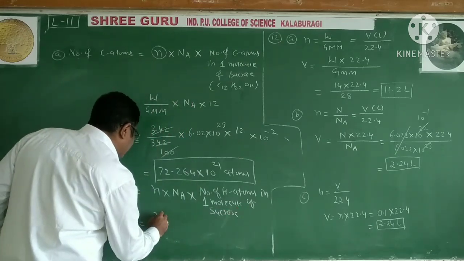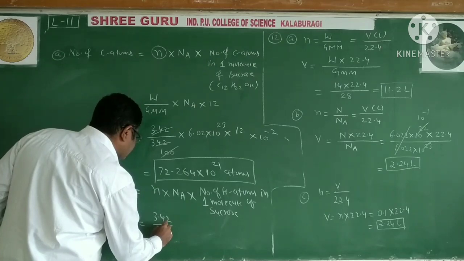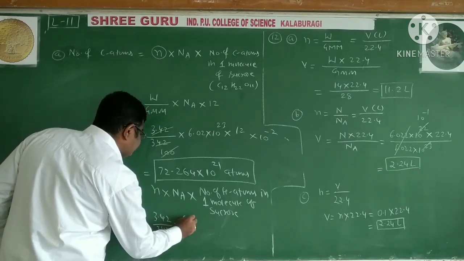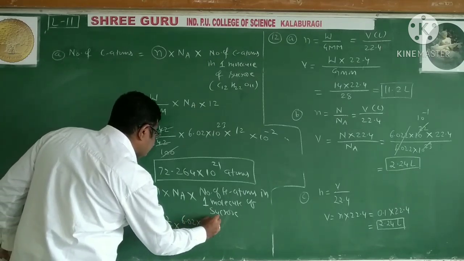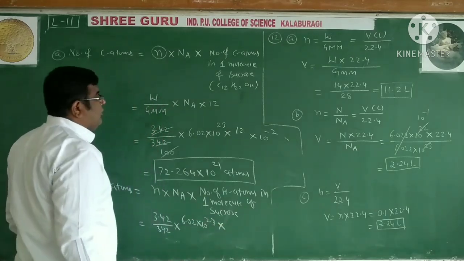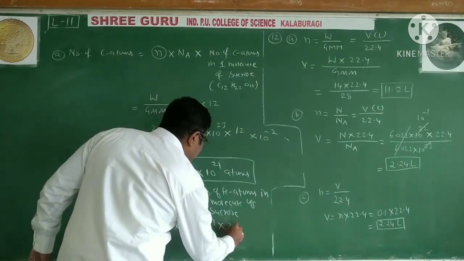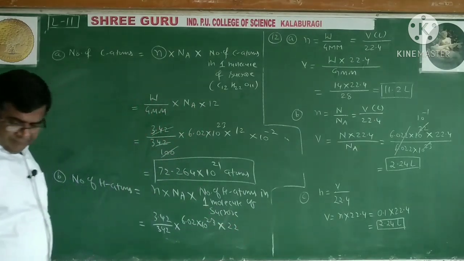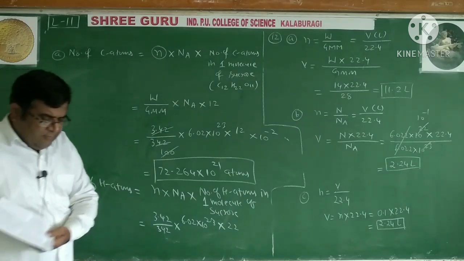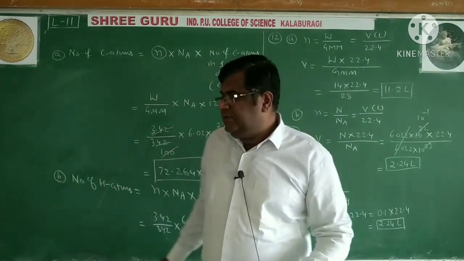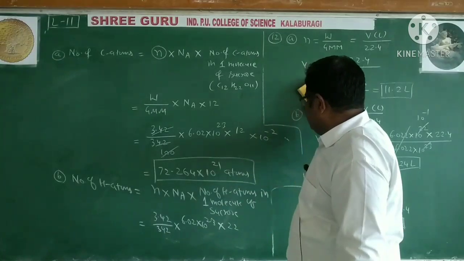This is 3.42 by 342. The number of hydrogen atoms in one molecule is 22. So you can just see these calculations.